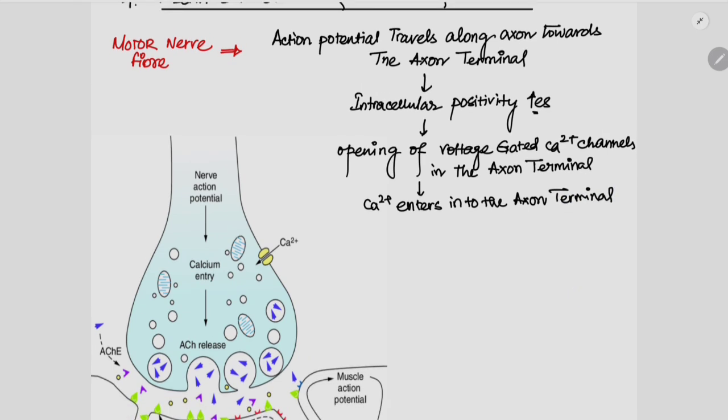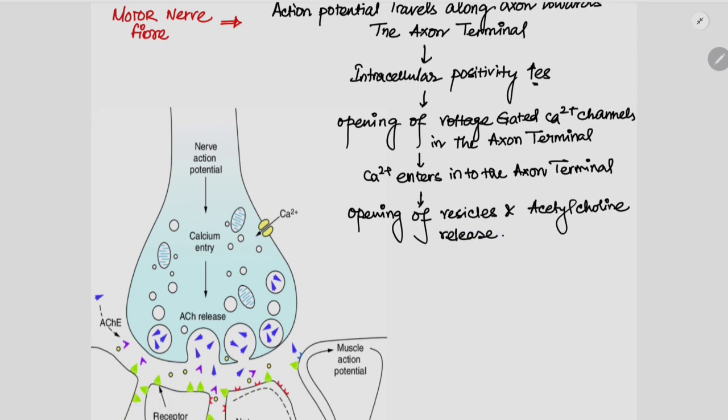So the purpose of the calcium here in the axonal terminal is to cause exocytosis of those synaptic vesicles which are filled with neurotransmitter like acetylcholine. So opening of vesicles and release of acetylcholine. Opening of vesicle happens here and acetylcholine is released. Right, this is the exocytosis phase.